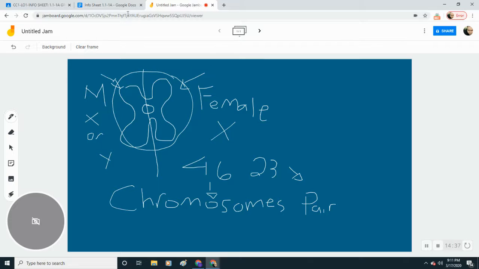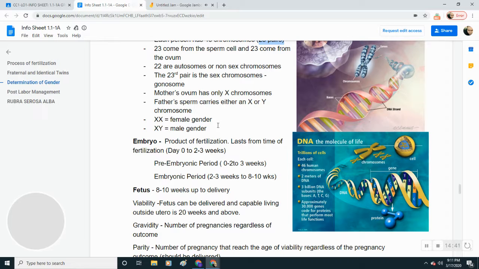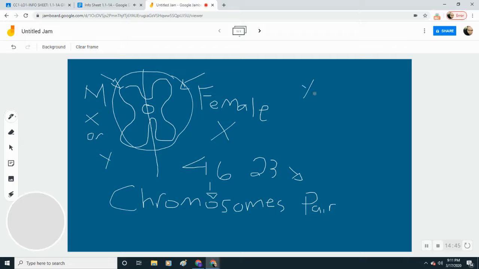Okay? Mag-determine kung anong sex ng baby. So kung parehong X chromosomes, ito X, then yung isa X din, meaning the baby will turn out to be female.